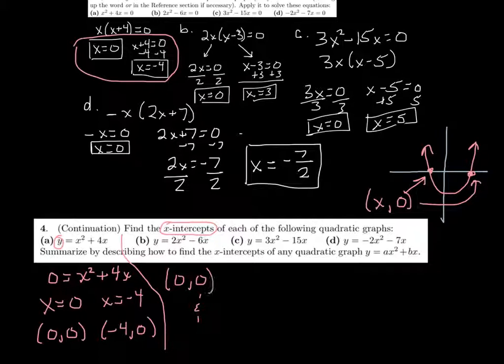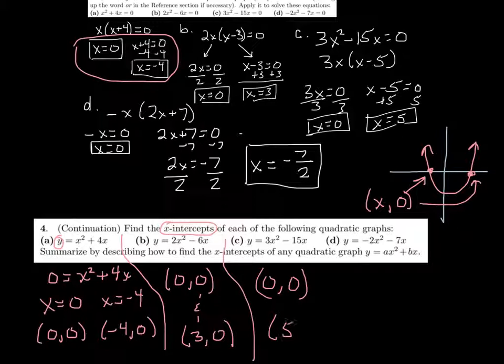The other x-intercept, x equals 3, so it would be 3, 0. C, the x-intercepts are the x equals 0 and 5. So our x-intercepts for the same function would be 0, 0, and 5, 0.